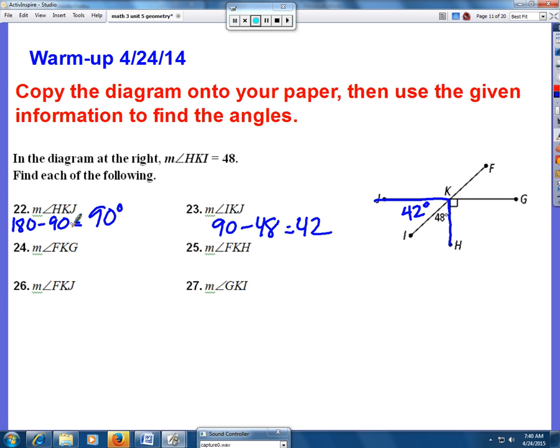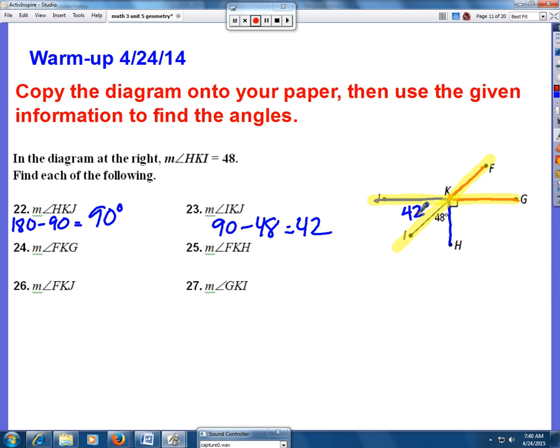Excuse me. Now, FKG. So I'm looking at this angle, FKG. Now I think I have vertical angles here. Let's check. This line crosses this line. This is just a ray, so that's not part of it. But I have two lines, or two segments, that are crossing, so I know that this angle and this angle are vertical angles.